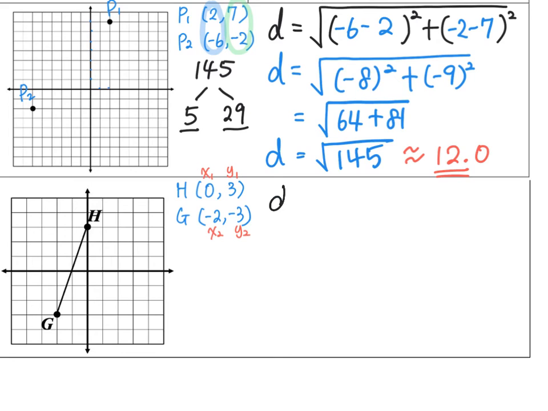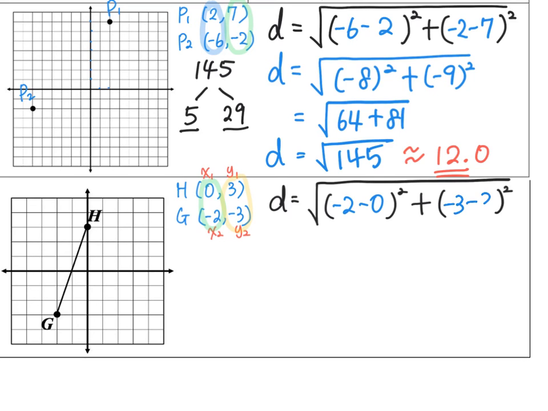First number we're going to use is negative 2 and 0, right? So negative 2 minus 0. And the next number is negative 3 and 3. So negative 3 minus 3.